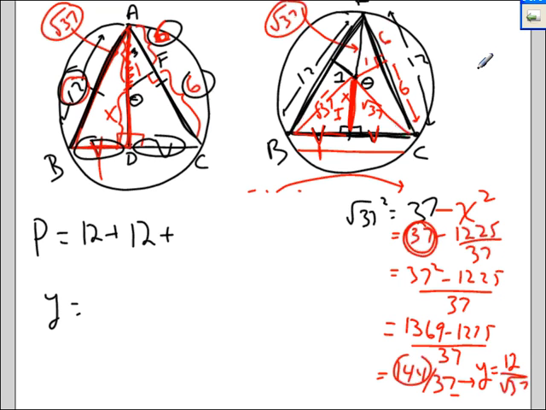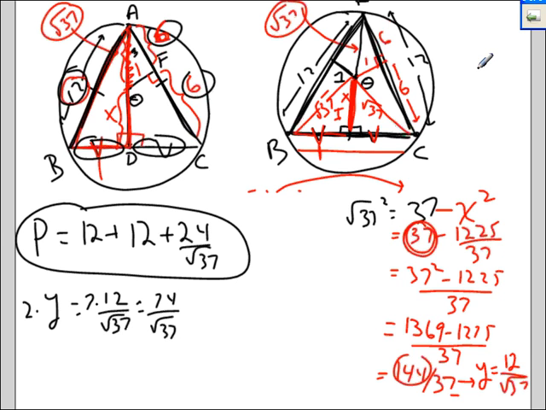Well, y is equal to 12 over the square root of 37, so 2y would be 24 over the square root of 37. And there is your perimeter. That finishes the section on chords, congruent chords.